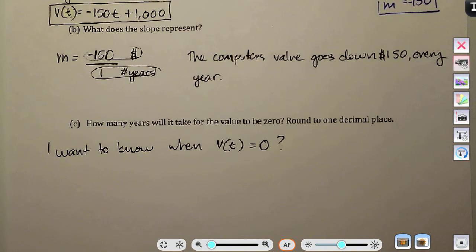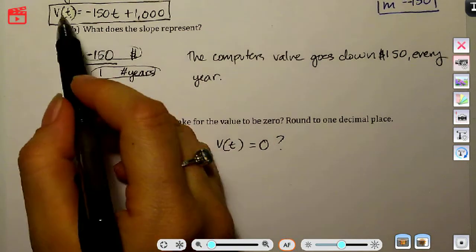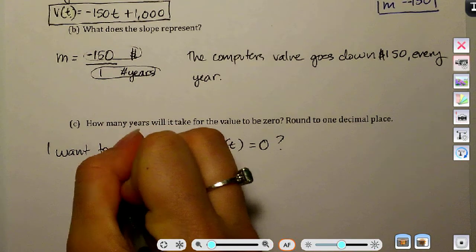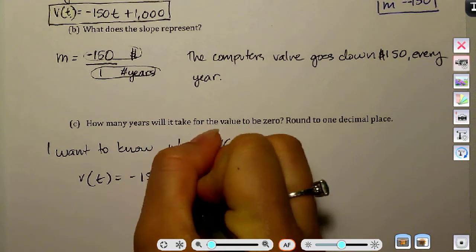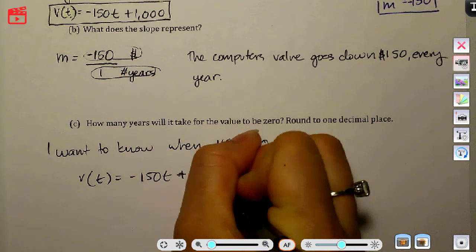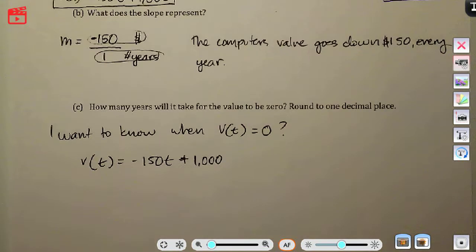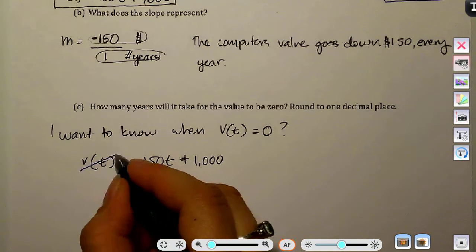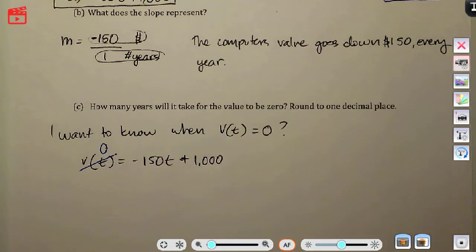Well, how will I do that? Well, lucky for us, we created an equation with v of t in it. So here's my equation, v of t. And I want to know when this is 0. So I'm going to go ahead and take out v of t and substitute in 0.